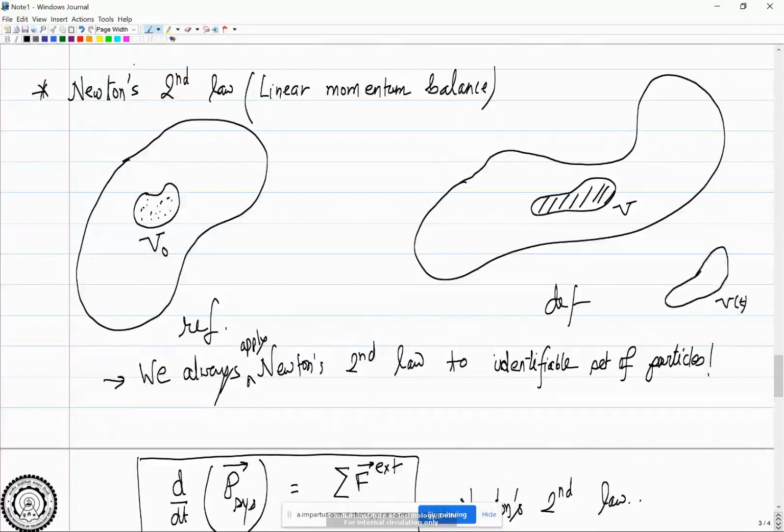So what are all the external loads acting on this body? You will have traction acting on this body from the remaining part of the body, isn't it? So those are these tractions, from the remaining part of the body.